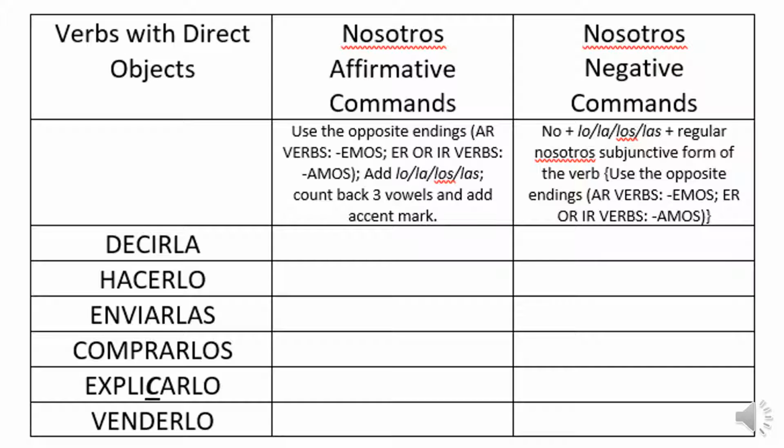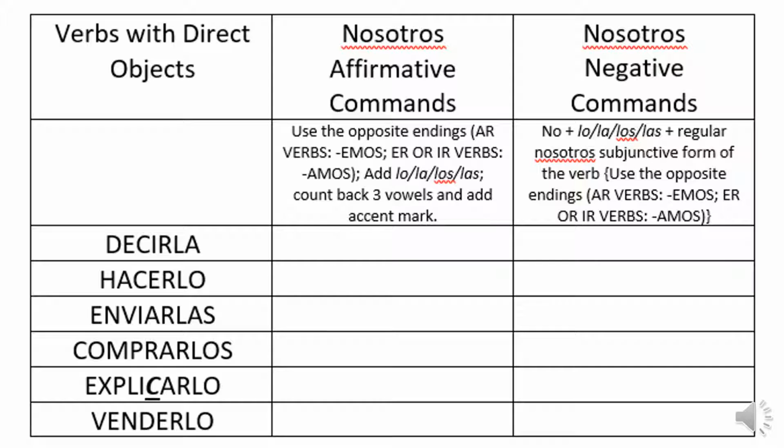So we would use la, just like in the first example that we're going to see. But if I wanted to say, explain the problem, problem is actually a masculine word, so it would be explicarlo, just like in the next to last example that we're going to look at here. And then, of course, you have to count back 3 vowels and add your accent mark.